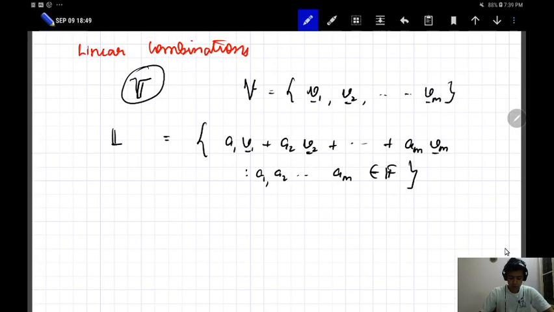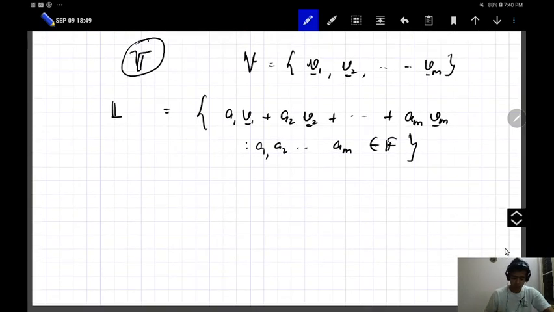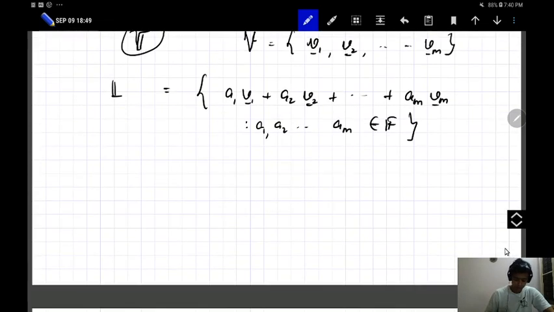So you can pick an arbitrary sub-collection of vectors v1, v2 up to vm of the vector space, and taking all possible linear combinations of these vectors gives you a subspace of V. But let's see what is happening intuitively. Now let's take R3.